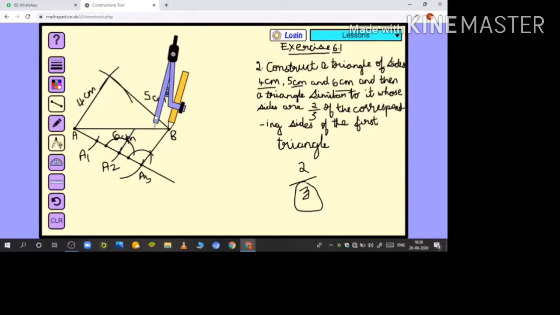Next, take the compass and take B as center and draw an arc such that it forms an angle at vertex B without changing the compass length, keeping the same radius. Now, taking B dash as the center, cut an arc.